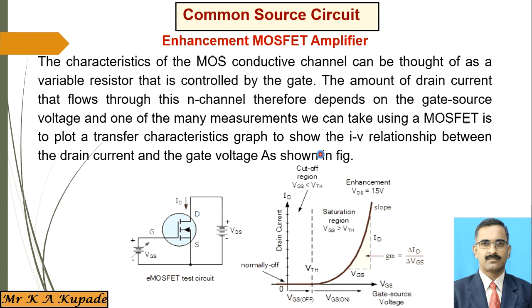The amount of drain current flowing through the N channel depends on this VGS voltage. The plot considered here is between the drain current and VGS, which shows the relation between that current and voltage.